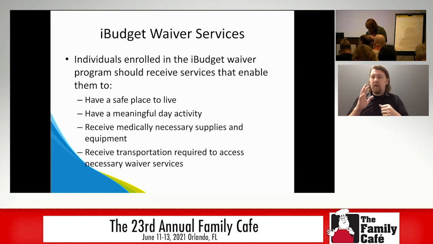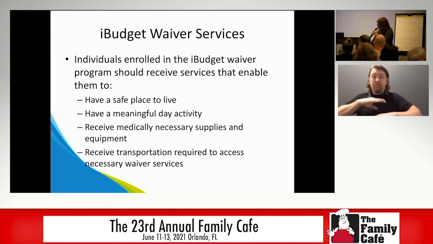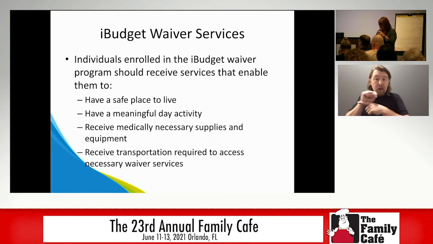are offered to enable individuals who meet the eligibility criteria to have a safe place to live, to have a meaningful day activity, meaning they should be able to access the community, whether it's through companion services or through the services of adult day training or employment services.